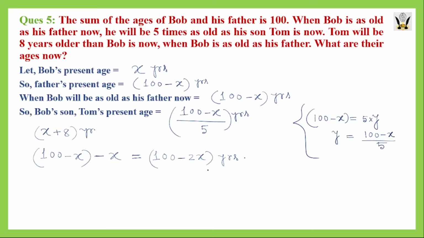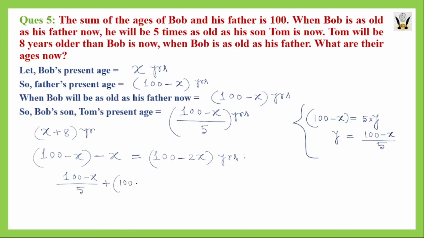So after these many years, Tom, Bob's son, will be x plus 8 years, means Bob's current age plus 8. Now what is Tom's current age? Tom's current age is (100 minus x) divided by 5. As per the problem statement we have obtained this as Tom's current age, and after these many years we are finding Tom's age.